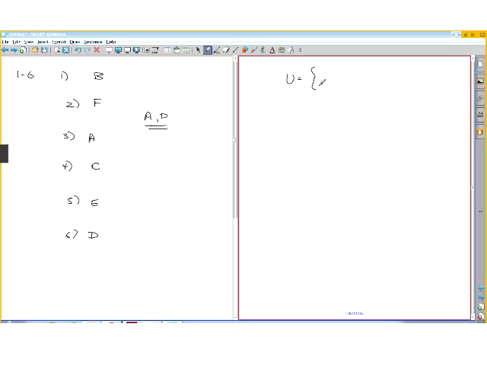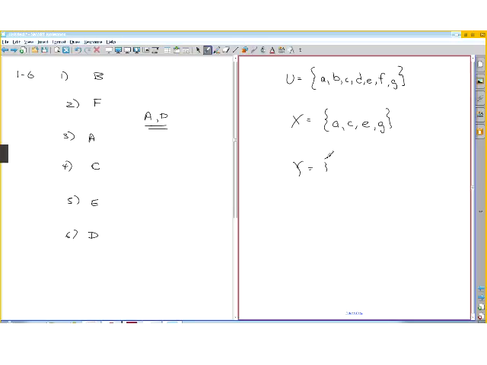The universal set, which includes all the options, is the letters A, B, C, D, E, F, G. And then we have subset X, which includes elements that are in the universal set, but not every term.